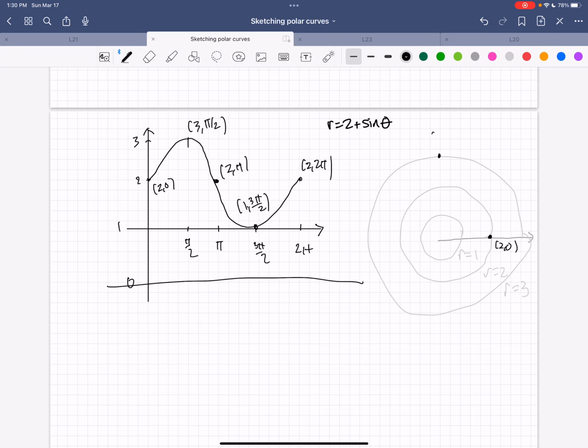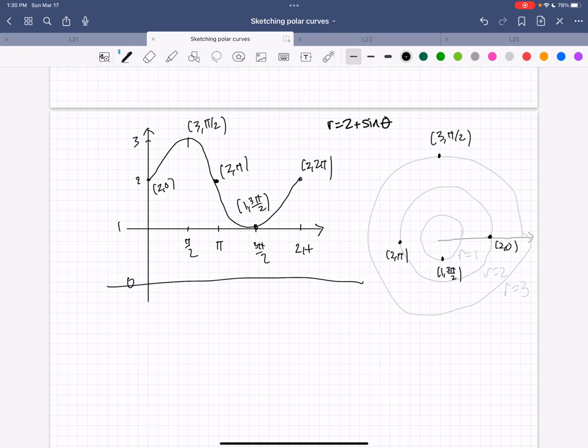So we're on that r equals 3 circle. And then when our angle is pi, our radius is 2. Then we only have a radius of 1 down here at 3 pi over 2. And then it's back there.